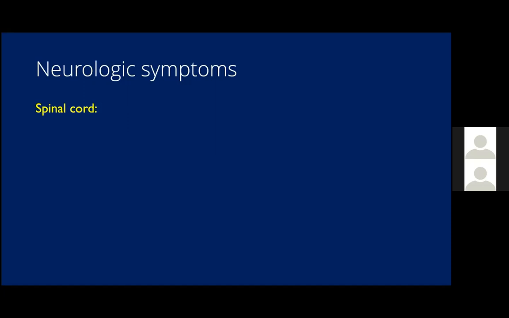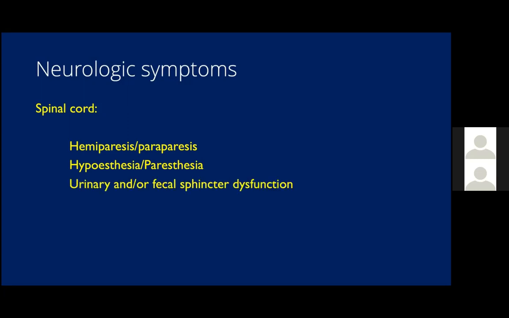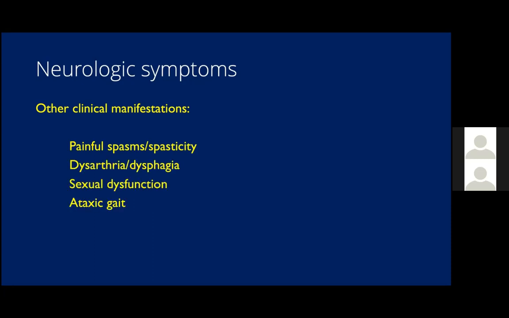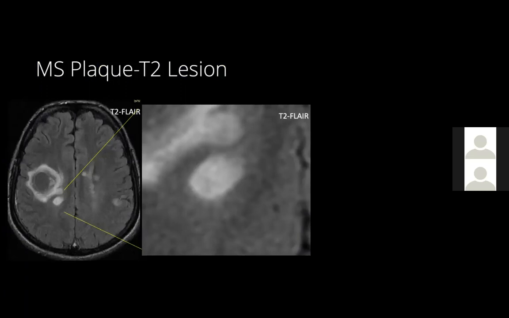Related to the spinal cord, symptoms could be paraparesis, hemiparesis, paresthesia, or urinary or fecal sphincter dysfunction. Other clinical manifestations of MS could be painful spasms, dysarthria, dysphagia, ataxia. We already talked about fatigue, cognitive impairment, and depression.